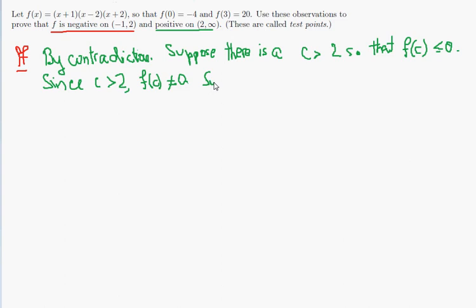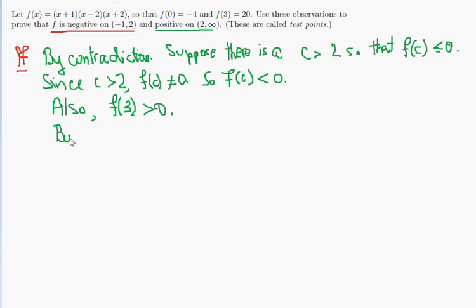So that means that f of c, if it can't be equal to 0, must be negative. Also, we've established that f of 3 is 20, and more importantly than the numerical value, that it's a positive number. So again, f is a polynomial and therefore is continuous.